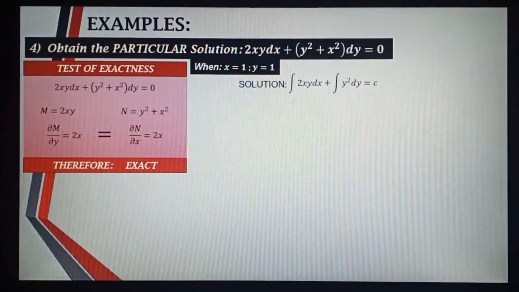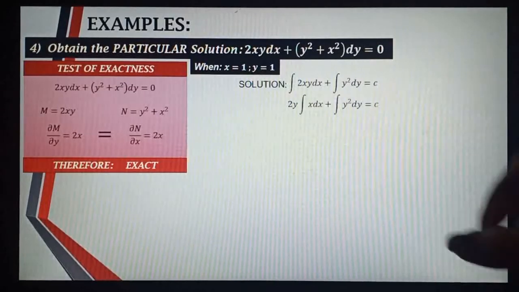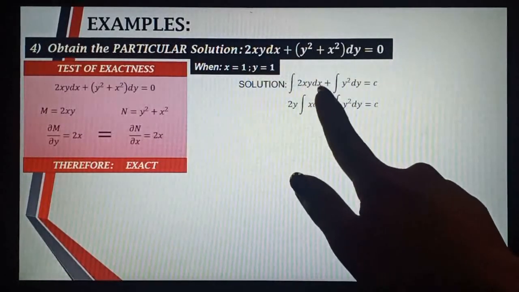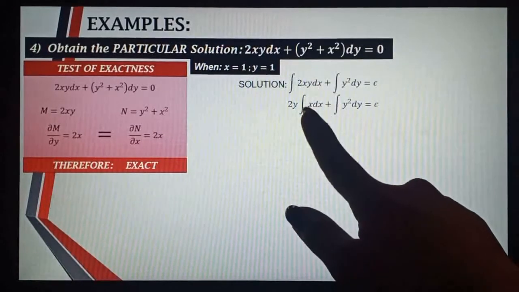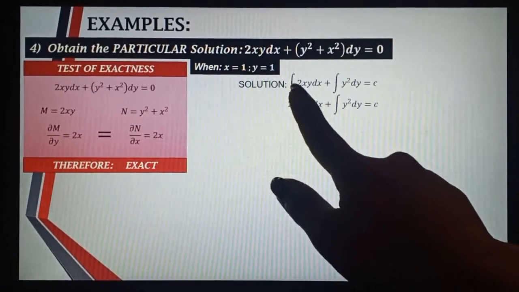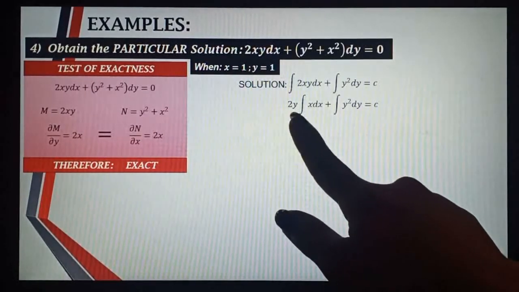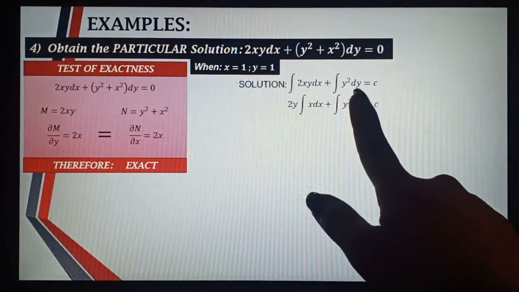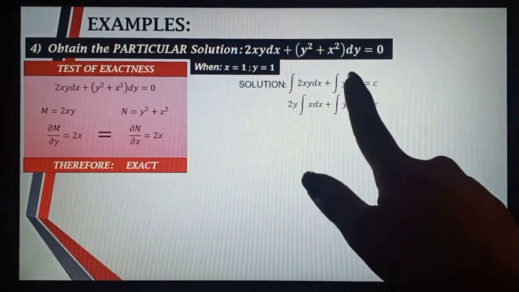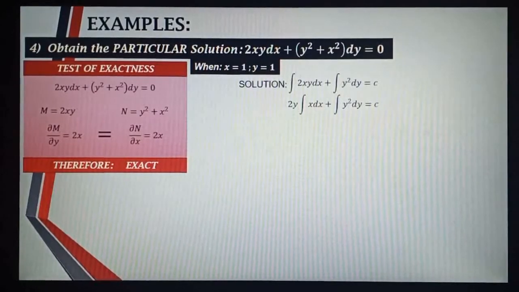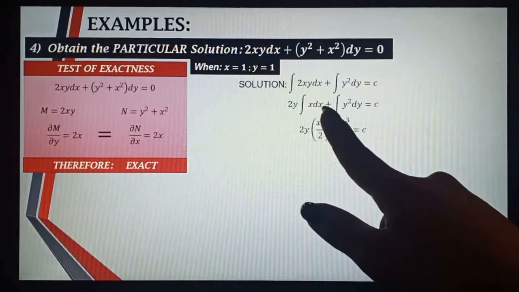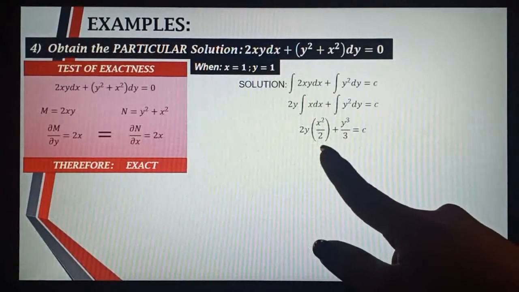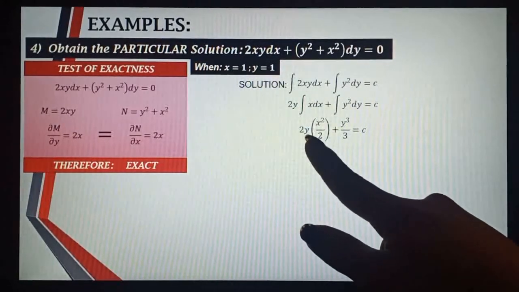Now ilalabas na natin yung constant since this is dx. So ang matitira lang sa loob is just x. Then 2y is considered to be constant. Then pagdating sa second term, since this is dy, y squared is considered to be variable. So mag-integrate na tayo. X dx is equivalent to x squared over 2 multiplied to the constant 2y.